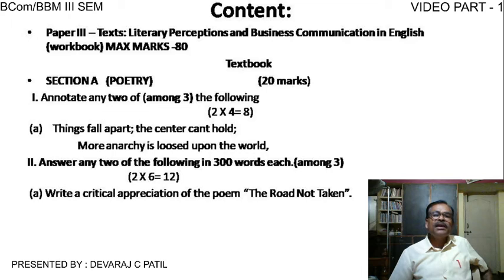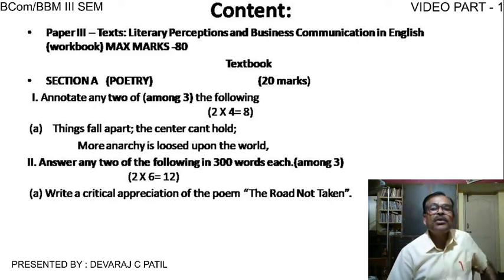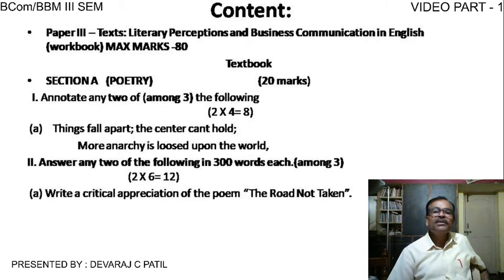Under section A, you will have to answer annotation. Annotation means reference to context. It has its own method. You have to follow that while you are annotating the lines that are extracted from a poem.